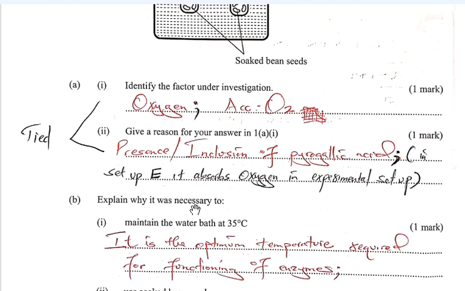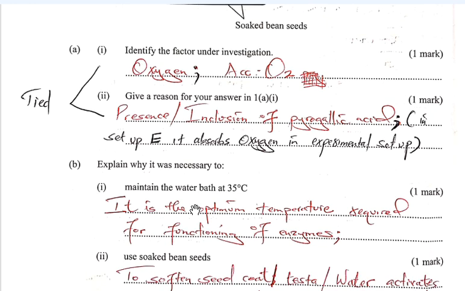Then part B, why was it necessary to maintain the water bath at 35 degrees Celsius? Since germination involves enzymes, and enzymes work best at optimum temperature, the optimum temperature is 35 degrees Celsius.